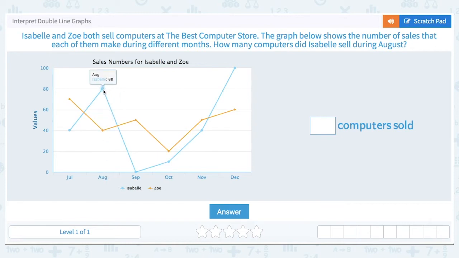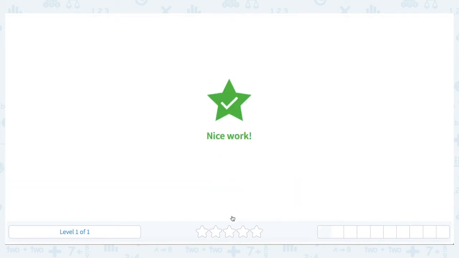If we go right up there, it shows that Isabel sold 80 during August. Even if this little box were not coming up to tell us that that was 80, if we follow this line over here, we can see that that is at 80. So let's say that Isabel sold 80 computers during August.